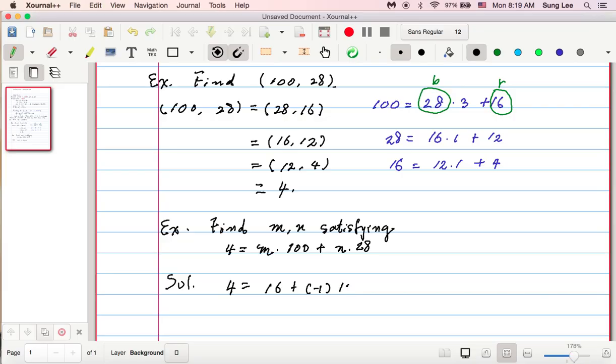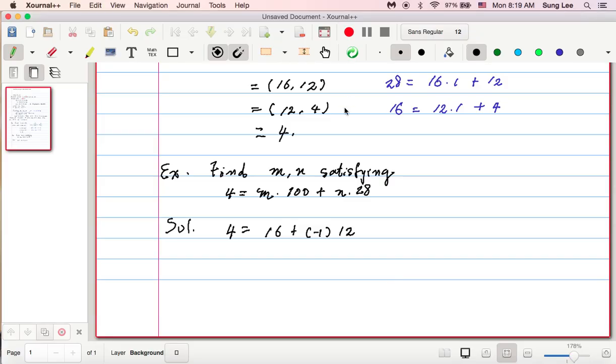Now, using the previous expression, if you solve it for 12, we get 28 plus negative 1 times 16.